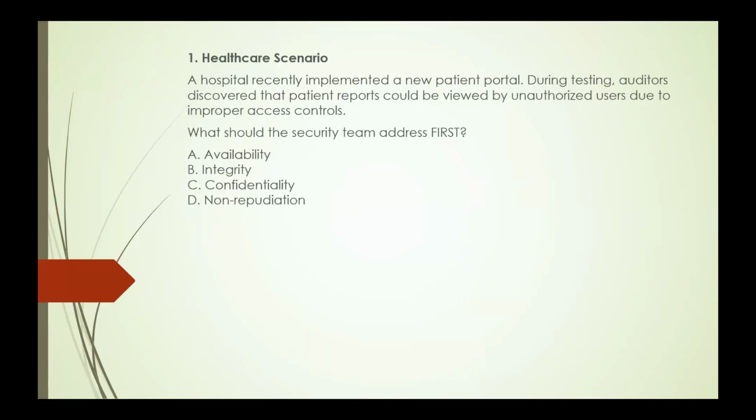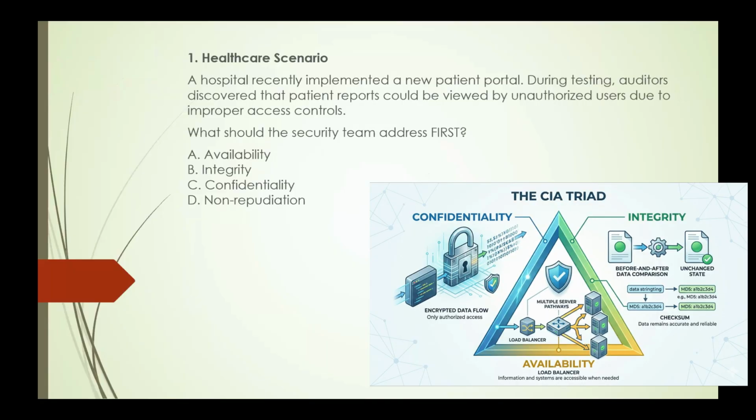During testing, auditors discovered that patient reports could be viewed by unauthorized users due to improper access controls. In many countries, patient records or reports are not even shown to family members, right? So what should the security team address first?